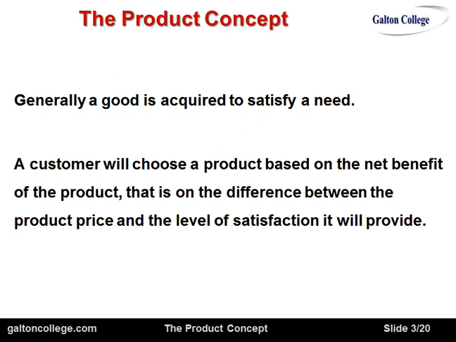I get more pleasure out of the product than I do out of possessing the pound. That's why I have exchanged it. So I have given myself more satisfaction by buying the product. I could have kept the pound, but I get more pleasure, more satisfaction out of the product. So it's the net benefit, the net satisfaction, that leads me to buy a product.